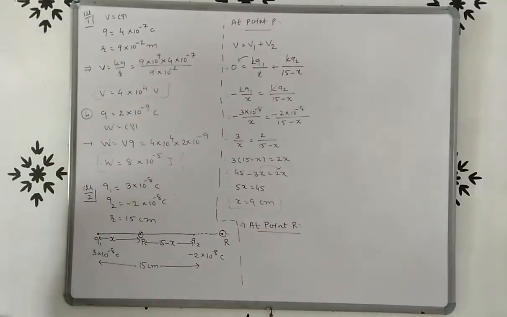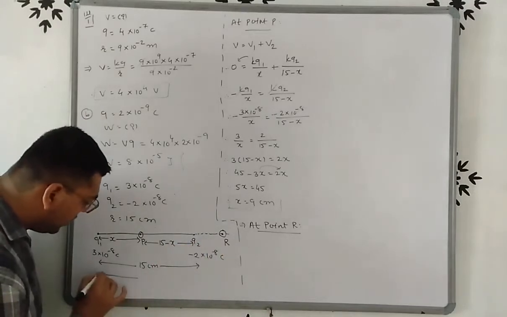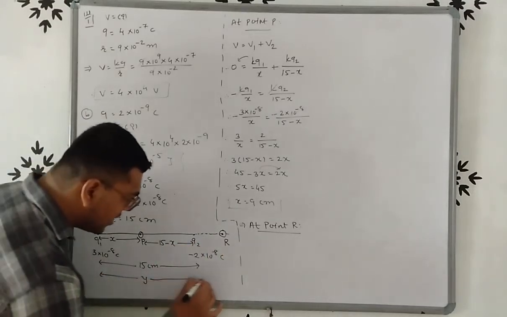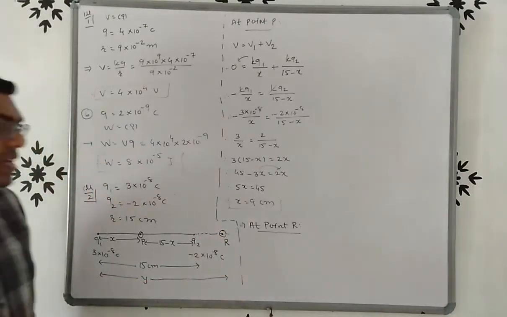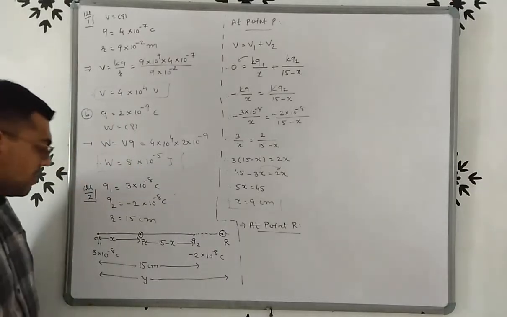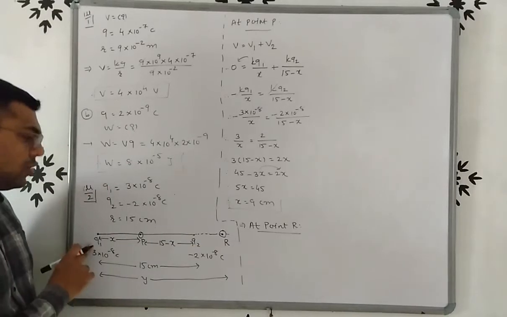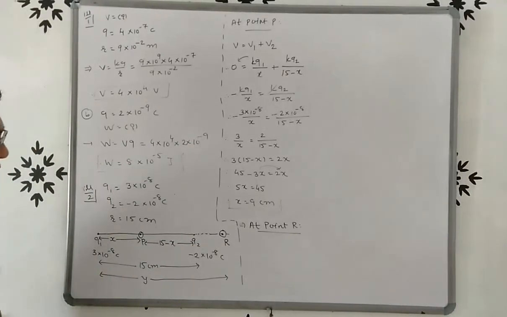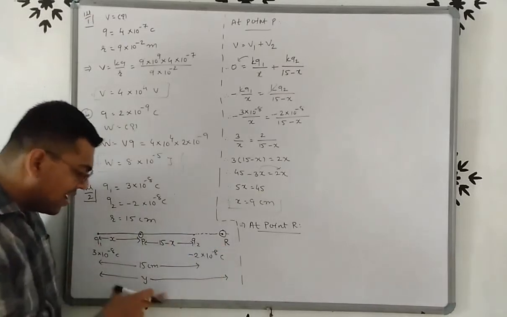Now see here friends, here the distance from Q1 to R is suppose y, right? So here the potential is 0 at point R, and we assume the distance y from Q1, right? So here the distance between Q1 to R, y.